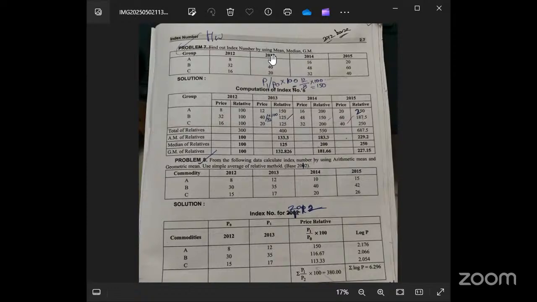So next class we will continue index numbers, and we'll start with probability if it is possible. Thank you everyone.